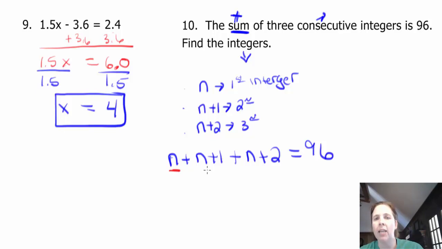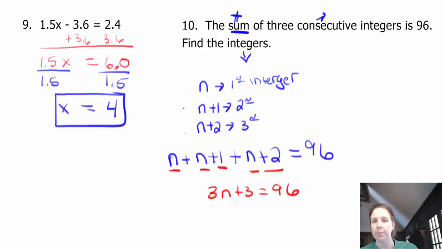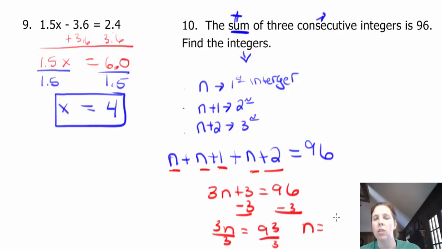So we're going to combine like terms. We have 3n plus 3 equals 96. And then we just solve. Subtract 3. So 3n equals 93. Divide by 3. n equals 31.